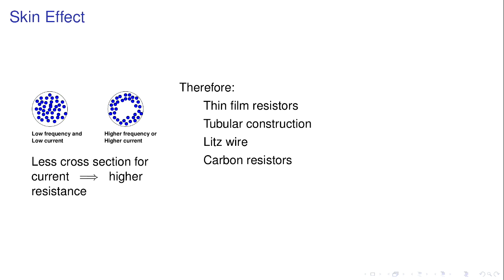It's also why, if you look at your normal resistor, they're sort of cylindrical. Or they're really thin film construction in the SMT resistors, so that you don't have much skin effect and you can use them at high frequencies. It's also why, if you've got headphones on, that stuff's got Litz wire in it. Litz wire is wire that's lots of very, very fine strands, all individually insulated from each other.